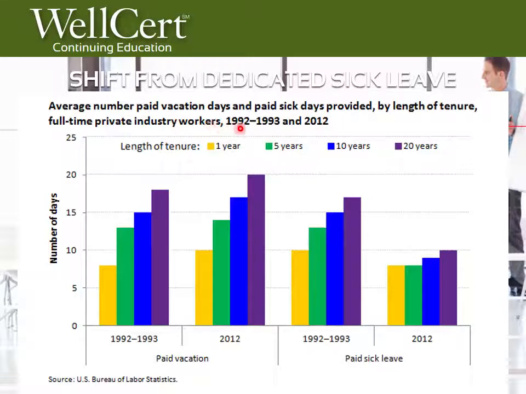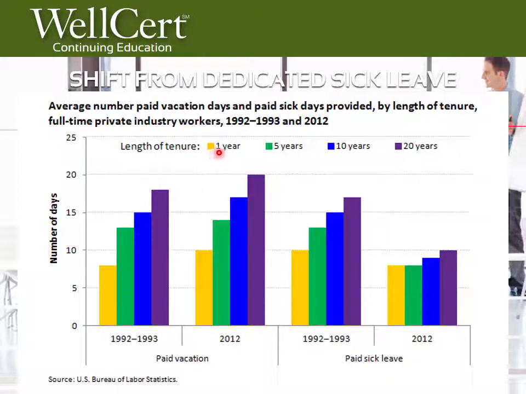We're looking at two periods of time, the comparison of 1992 and 93 with 2012. So we are actually looking at a 20-year period. The difference is between the first set and the second set for paid vacation and paid sick leave. And what you see here also is a color bar which indicates the length of tenure.